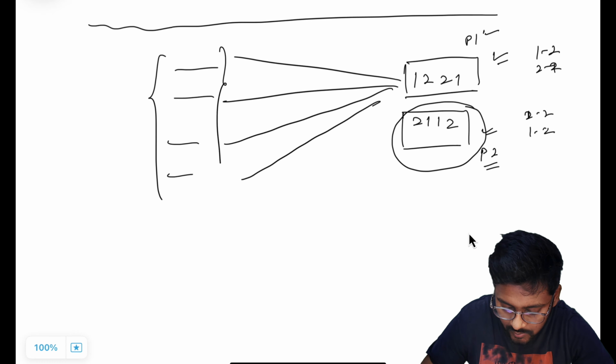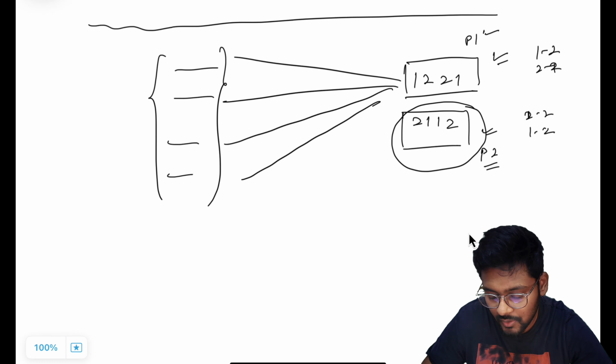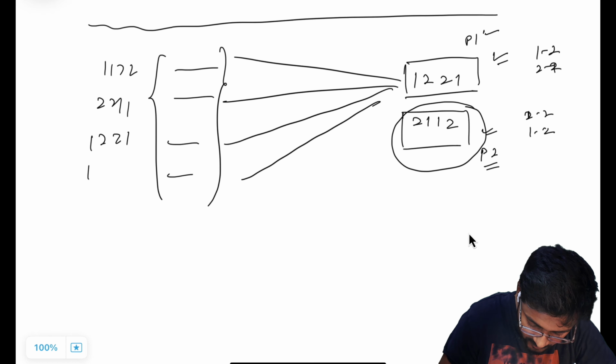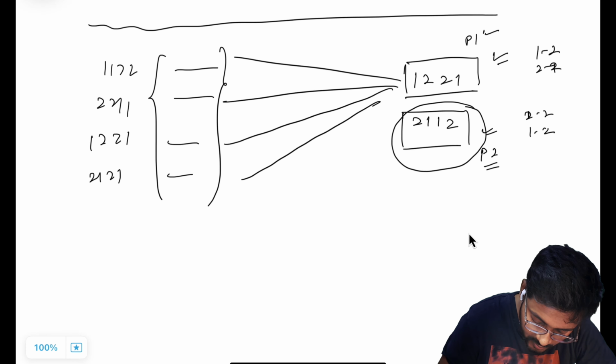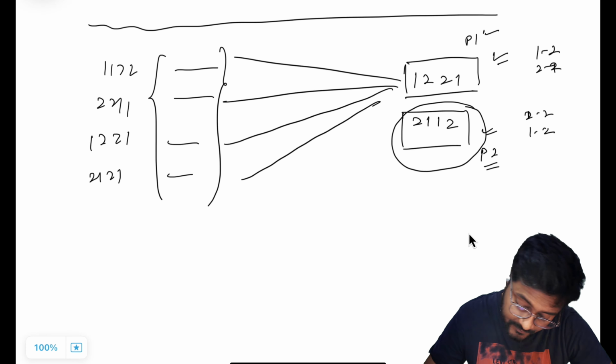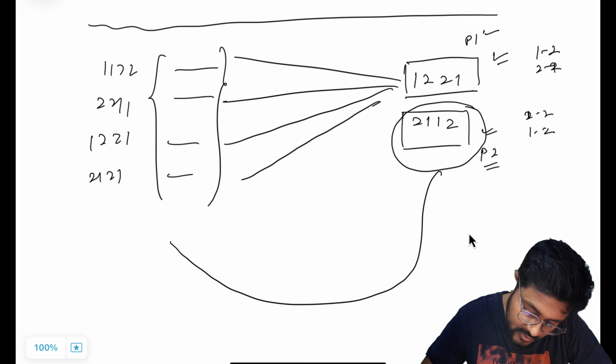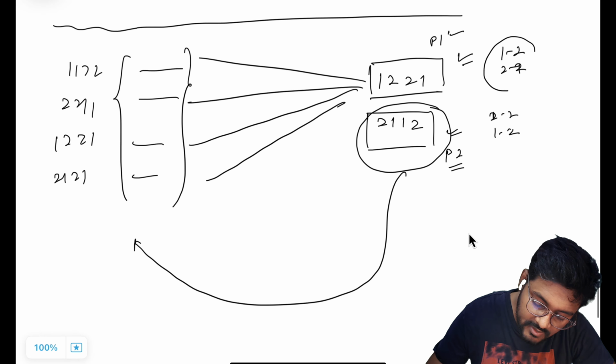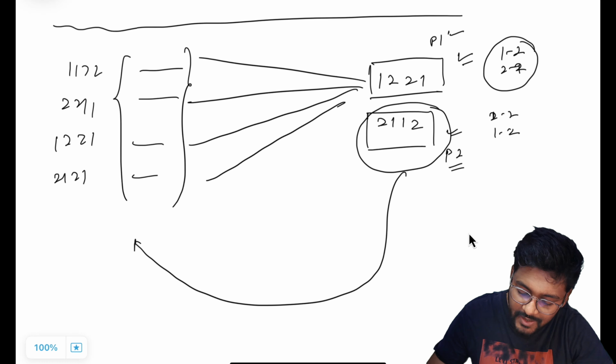So we have to build some kind of scenario so that we are not able to count these numbers twice. These numbers 1122, 2211, 1221, 2121, anything. So this is also going to have the same set of elements. So here, what is the frequency set of any palindrome?